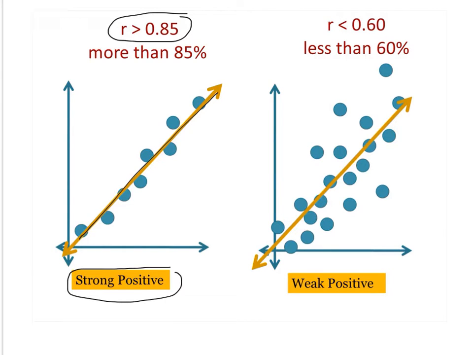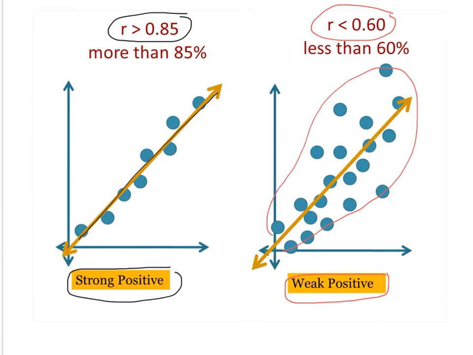But if something's less than 0.6 or less than 60%, we call it a weak positive. It's weak because I have points kind of everywhere, but it's still positive because it's in that positive direction, and this number right here is positive. If anything's in between 0.85 and 0.6, we call that moderate. Or we could say moderately strong or moderately weak, the closer I am to these two numbers.